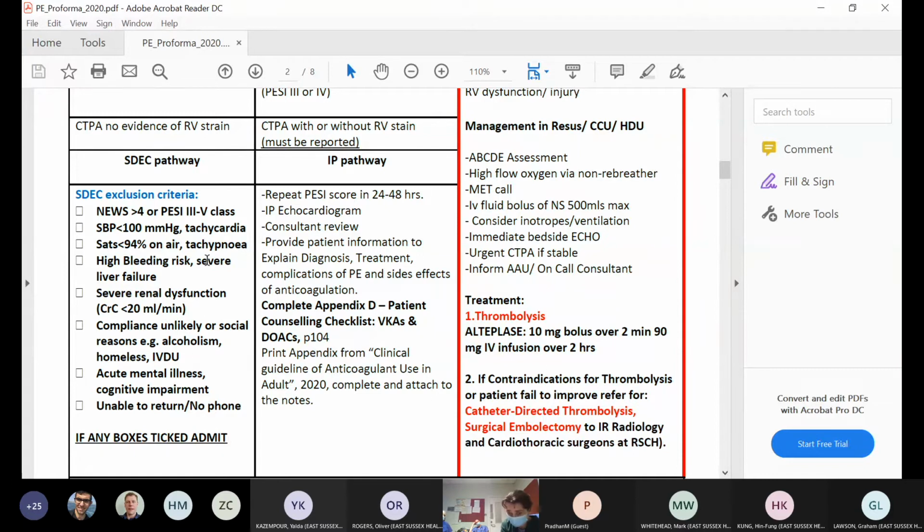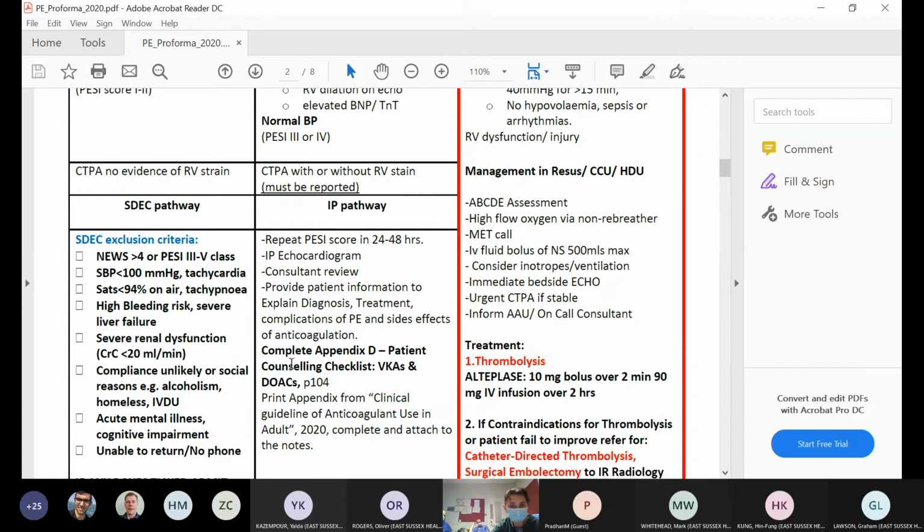It is quite stressful when you have a CTPA referral and you can't hold a patient. Otherwise, if the patient needs to be admitted, or is stable but has a need for admission or right ventricular strain, you do the basic things. You ensure an echo is requested, consultant reviewed, and we must not forget to talk to patients about PEs.